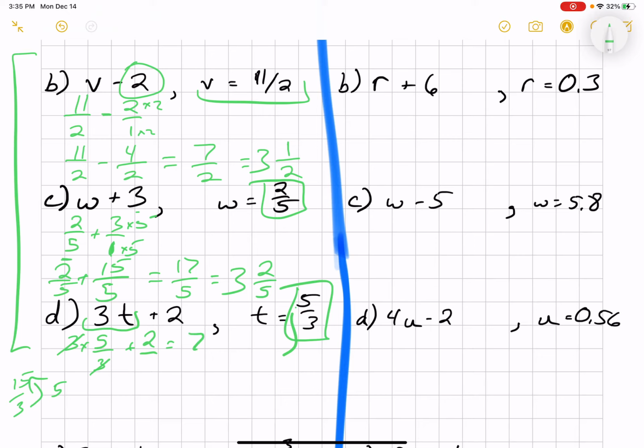Okay, so just doing this out, that's going to be 15. That's going to be 3 plus 2, right? This is over 1 multiplied by 3 multiplied by 3. And that's going to give me 15 plus 6/3, which is 21/3. And then I divide that, which is 7.